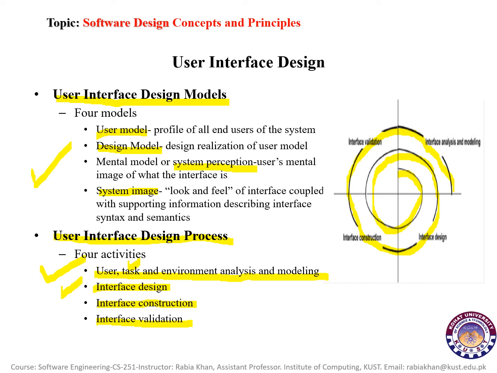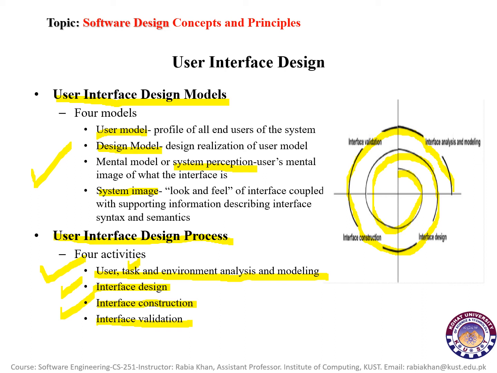Now the third activity, which is the implementation activity, normally starts with the creation of a prototype that enables usage scenarios to be evaluated. So now we are going to construct the interface. Here you are actually constructing a prototype for the design in which different tasks are then evaluated.